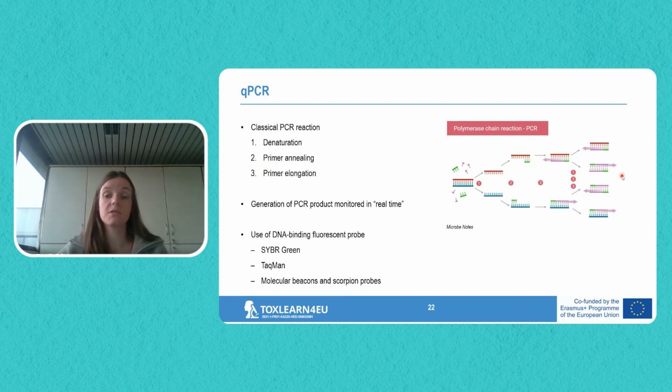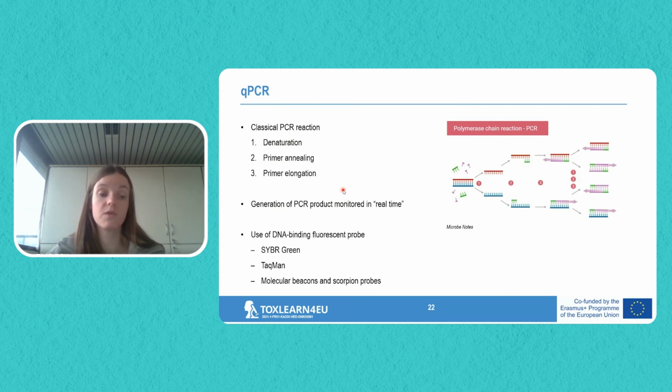Now, this is what happens in a classical PCR reaction. It's exactly the same for a qPCR reaction, but what's different is that in a qPCR reaction, we will monitor the generation of our PCR product in real time, hence the name real-time PCR. How can we monitor the amount of PCR product that has been formed?